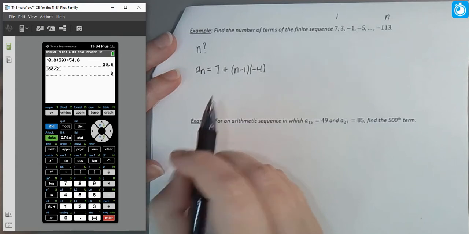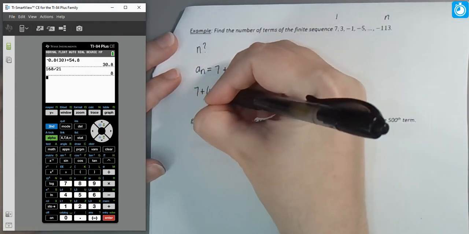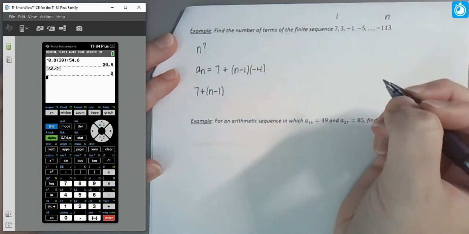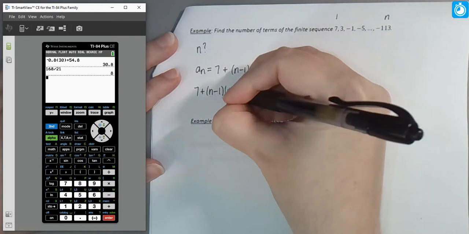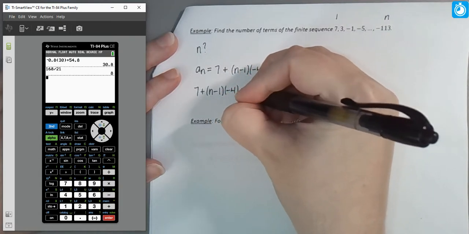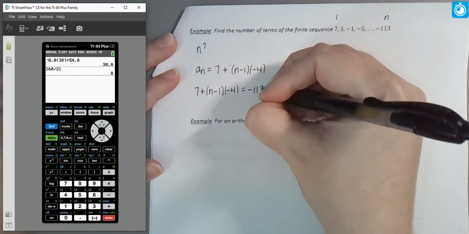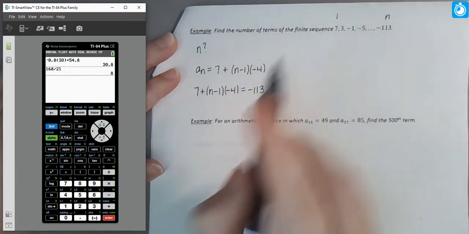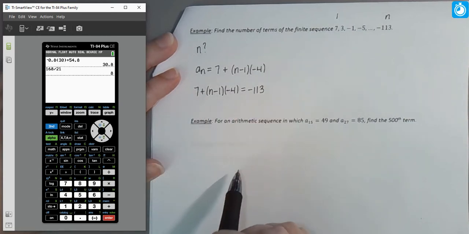That's the question we're asking. So we're going to take our formula, where n is our unknown, because we're looking for the term number, the number of terms, and we're going to set it equal to the value of the nth term, which is negative 113. And again, we have an equation with one variable, and so we can solve for that variable.